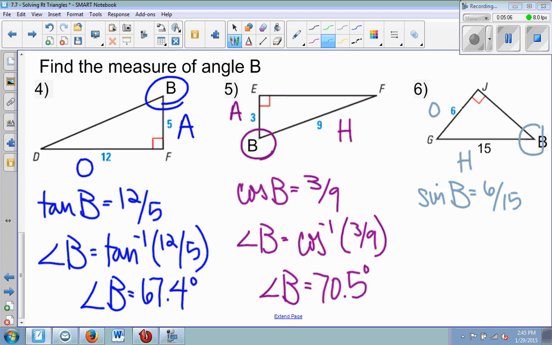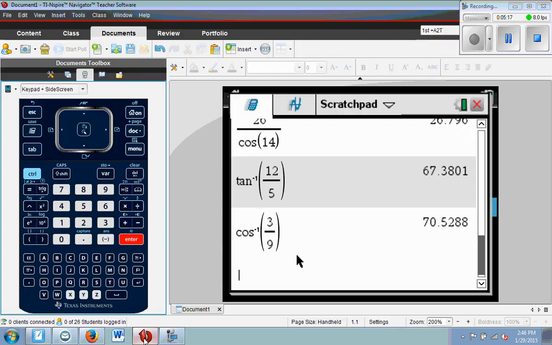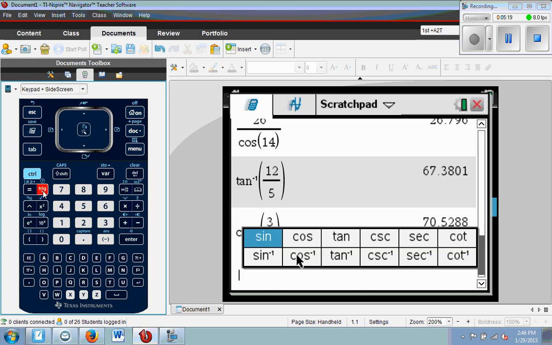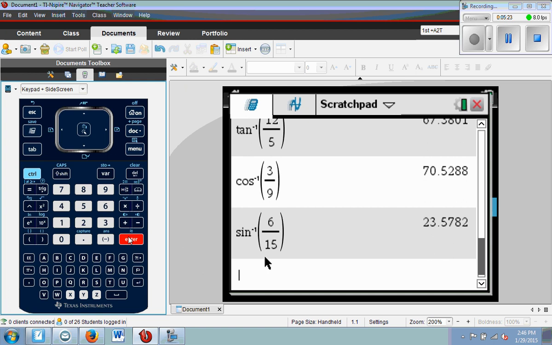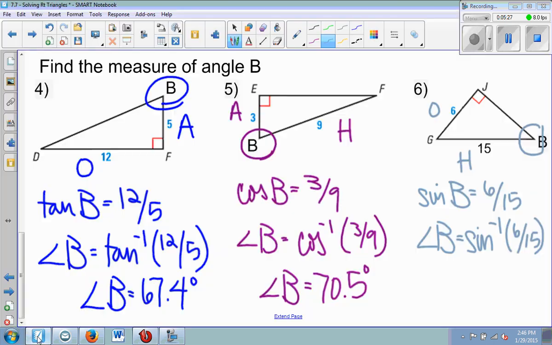If I want to find angle B, again, I'm not going to type sine in the calculator. I'm going to type sine inverse in the calculator because I'm trying to find an angle measure. So we go to the calculator, we do sine inverse of 6 over 15, and the calculator tells me my angle measure is 23.6 degrees.